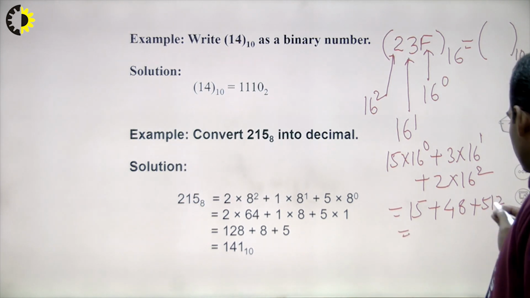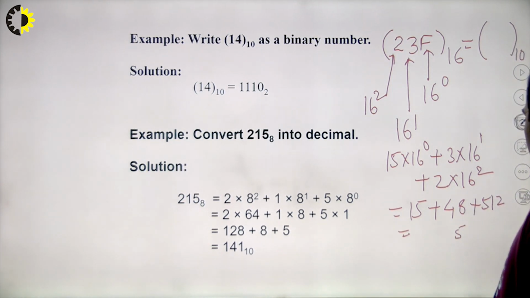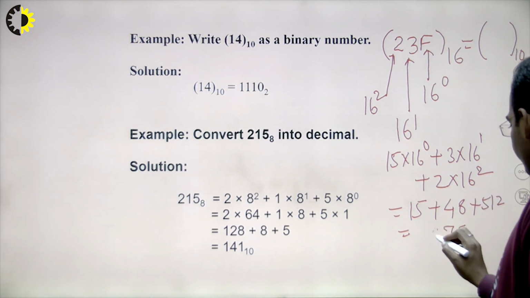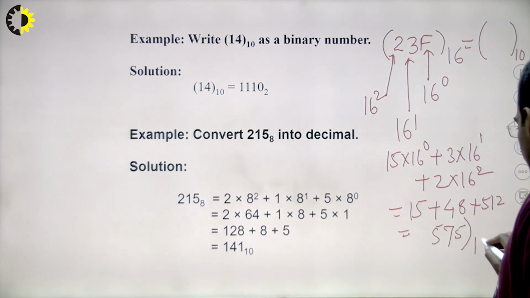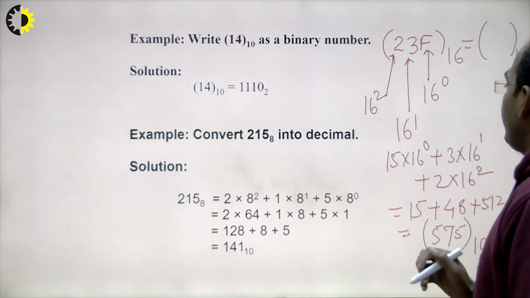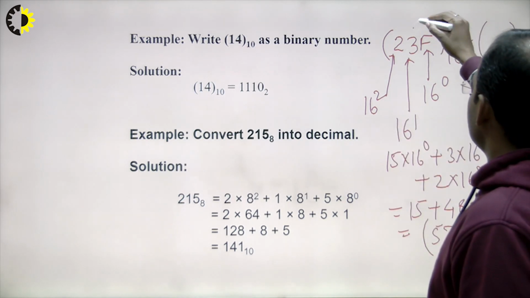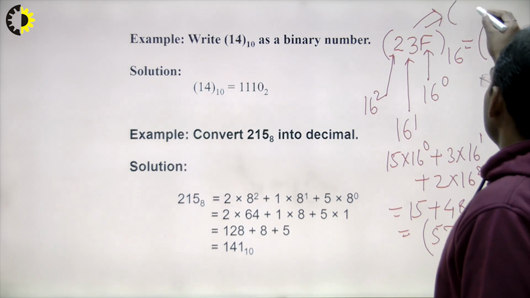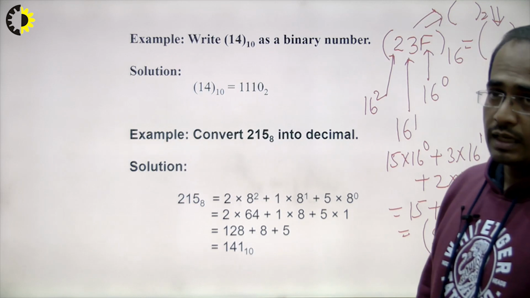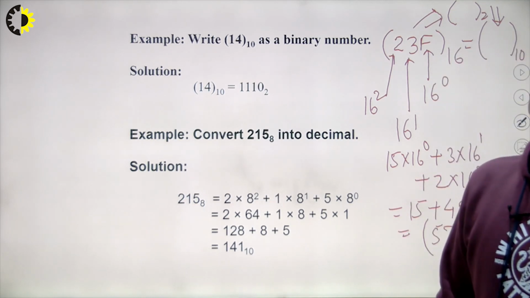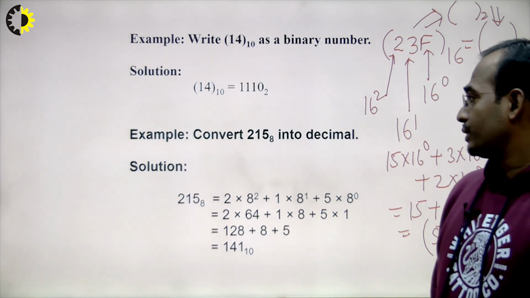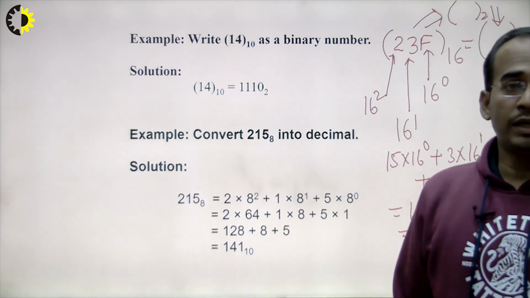So, you will get here 575. This will be in decimal number system. Same thing I can do by converting this into the binary number system. After converting this into the binary number system, I can make the pair of 4 digits. After making the pair of 4 digits, I can convert this into the decimal number system.